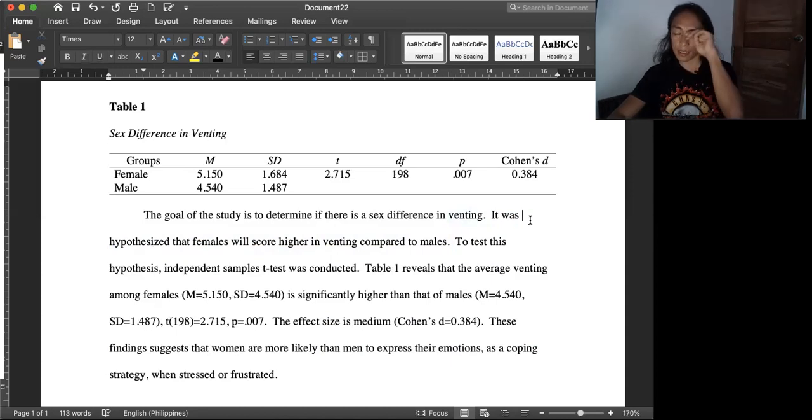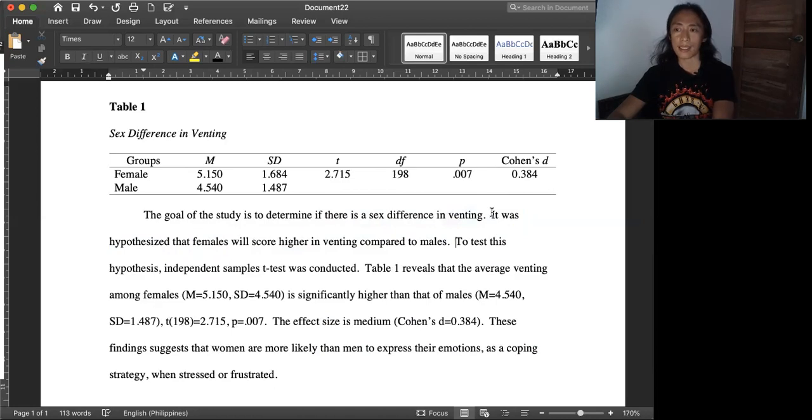All right, so the first sentence, the objective. The second sentence, what was your hypothesis? I'm not sure if there's another way of saying this other than it was hypothesized. I really don't like starting the sentence with the hypothesis is, or things like that. Also, some students still refer to the null hypothesis.